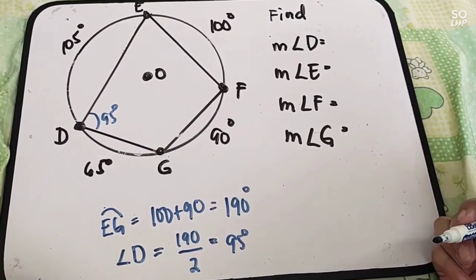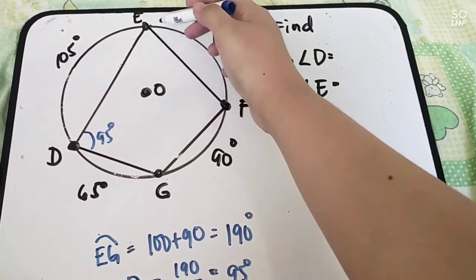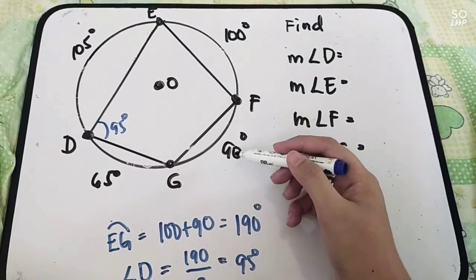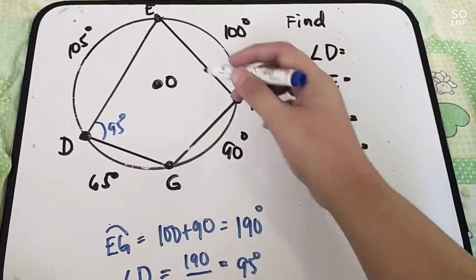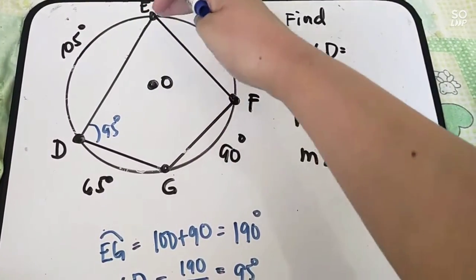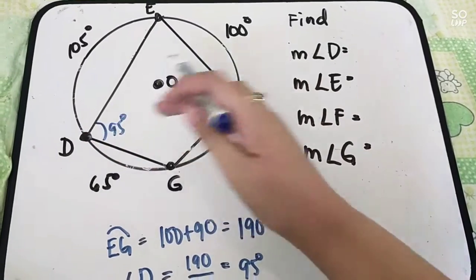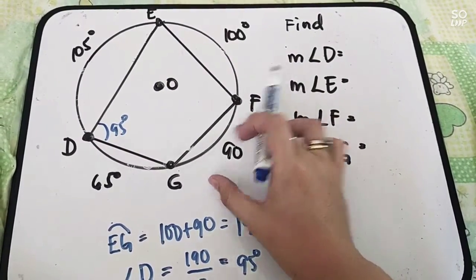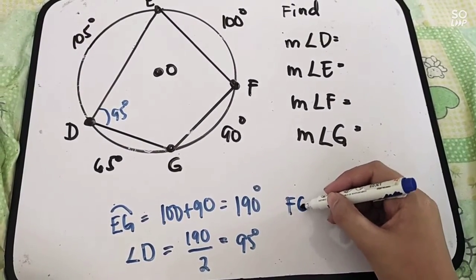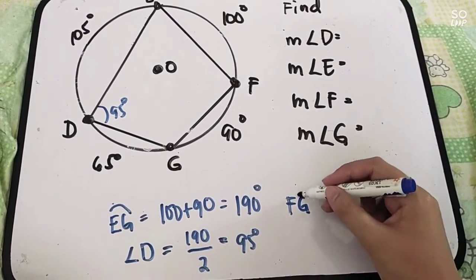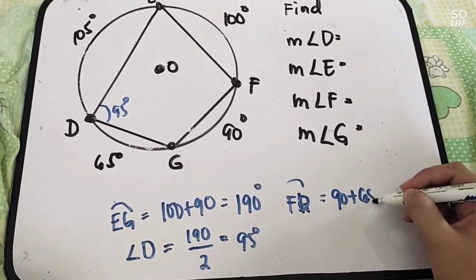Okay? Next tayo. Let us have this one. We have E. We have 90 plus 65. So, si angle E, ang kanya naman pong intercepted arc ay si FD, which is we are going to add 90 plus 65. So, arc FD is 90 plus 65.